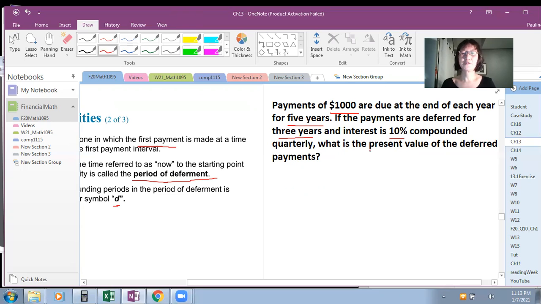Okay. This question asks you, what is the PV? So from here to here is 3 years deferred. And then you have 5 years, that is for annuity. In this annuity, PMT equal to 1,000.